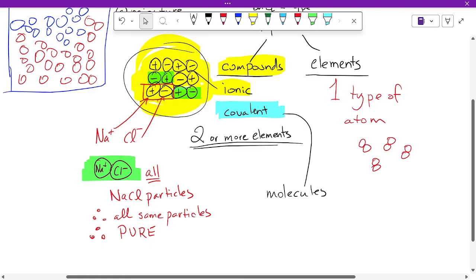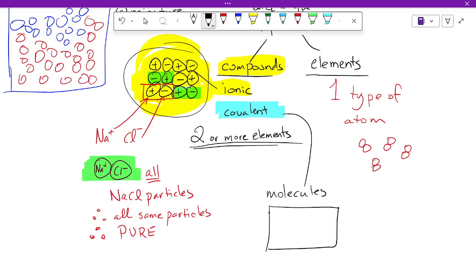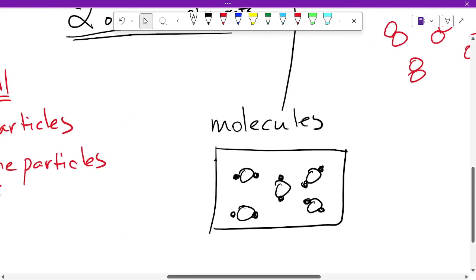So you might have something like this. Is that a pure substance or a mixture? Pure, because all the particles are the same.